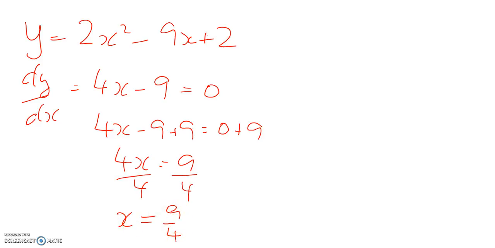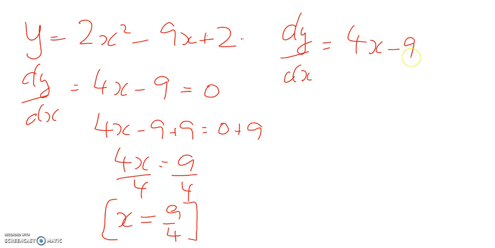So at this point here, we have a stationary point. The slope of this function up here is 0, at x equals 9 over 4. Now, let's look at the second derivative. There's our first derivative, dy by dx equals 4x take 9.